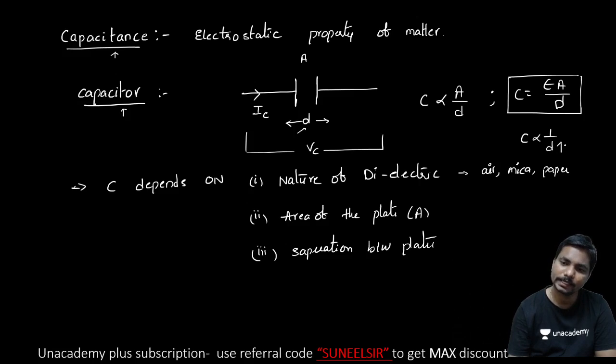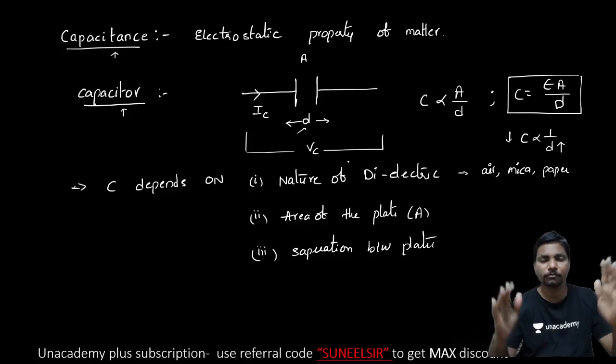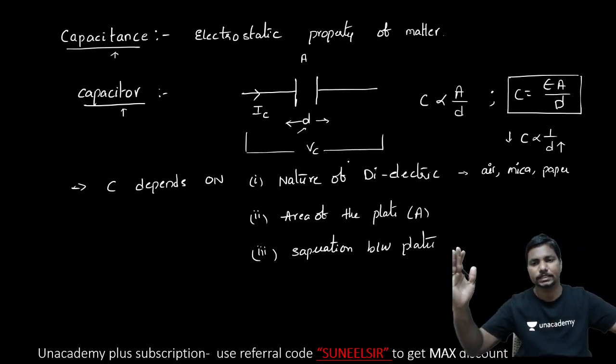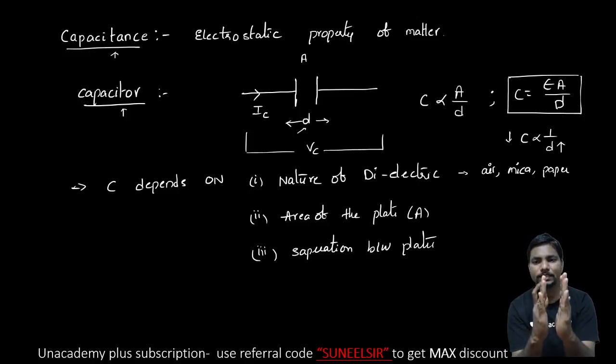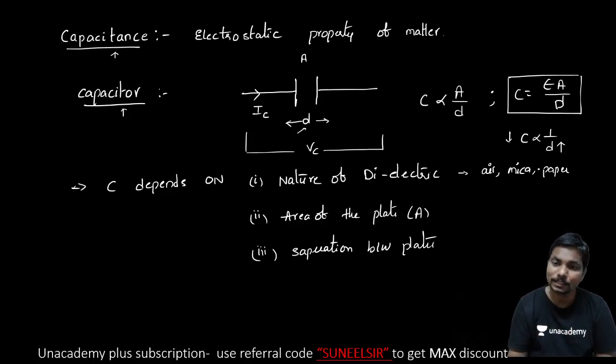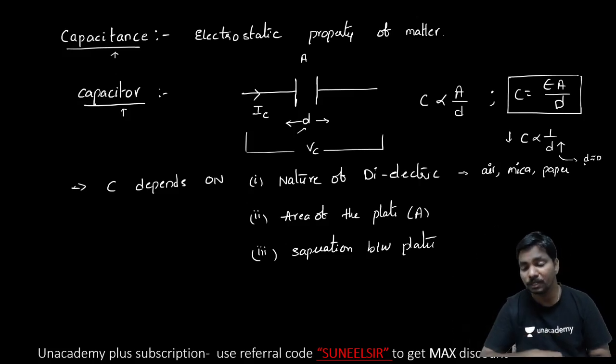As D is higher, the capacitance is lower. That means if you displace with a very long distance, the capacitance is very less. If you displace with a very small distance, the capacitance is more. And don't think that if the separation is zero, then the capacitance is going to be infinity.